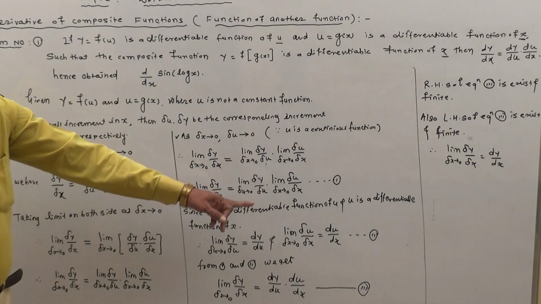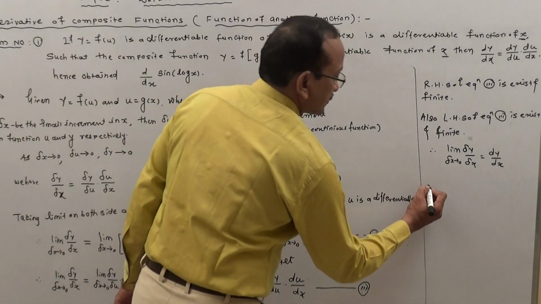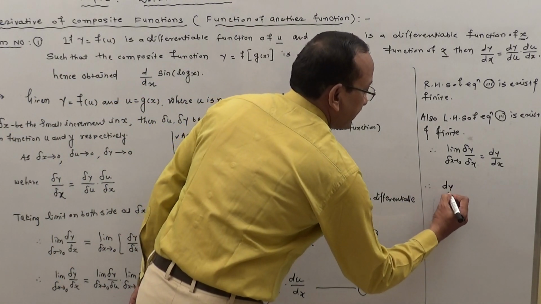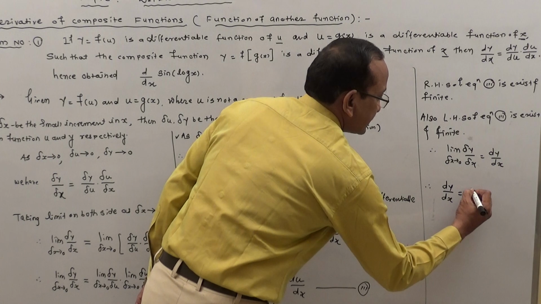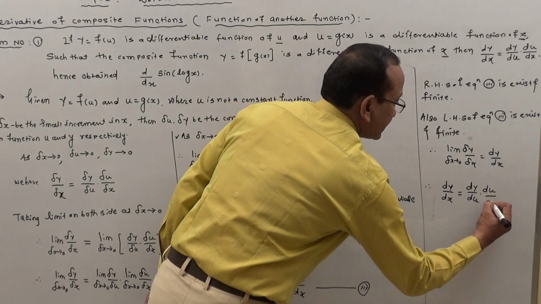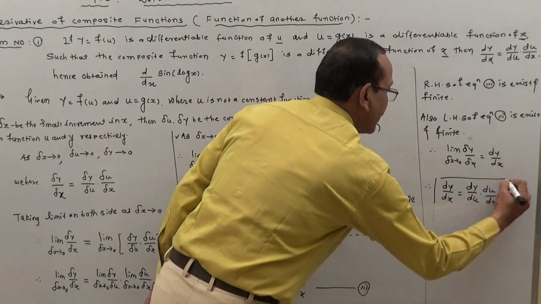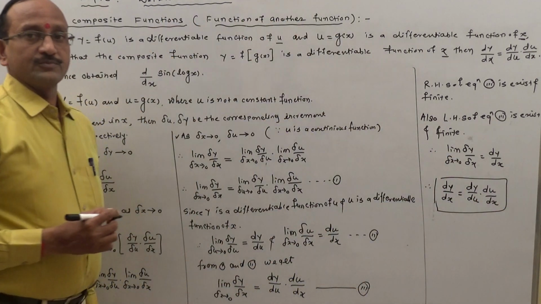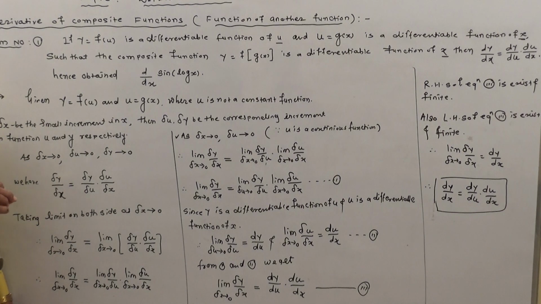So from 1, 2 and 3 we get dy by dx is equal to dy by du into du by dx, which is the required proof for the composite function.